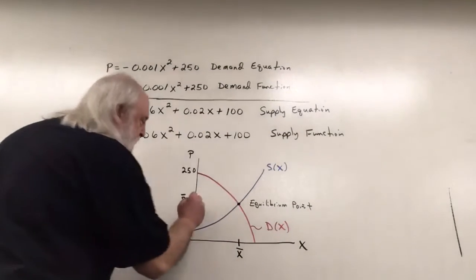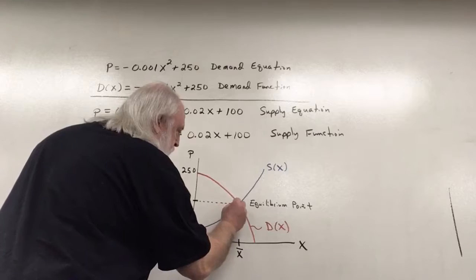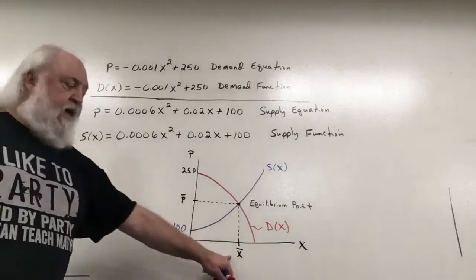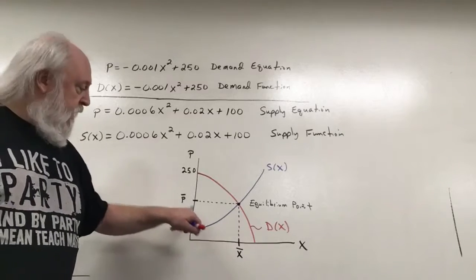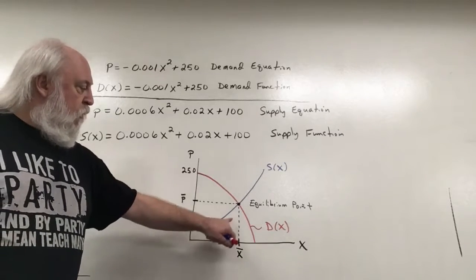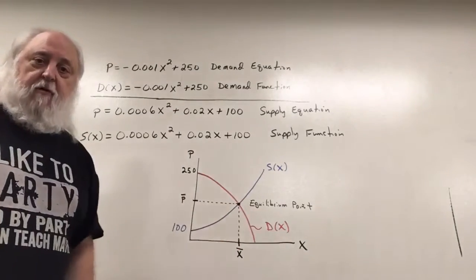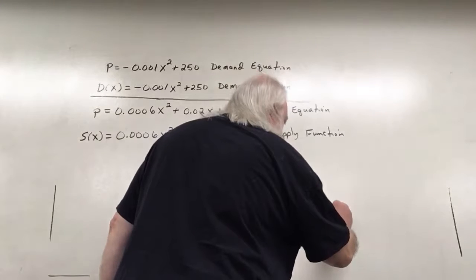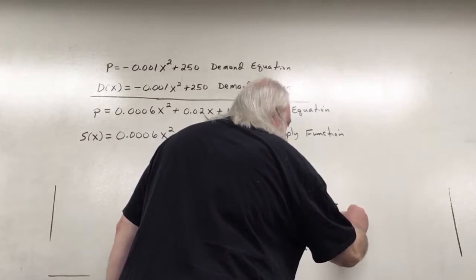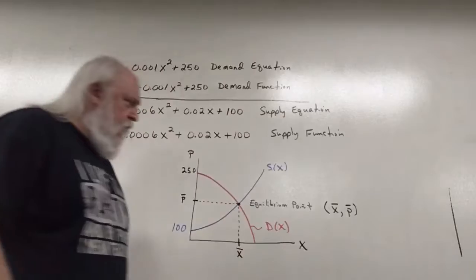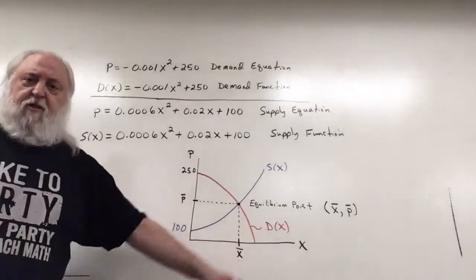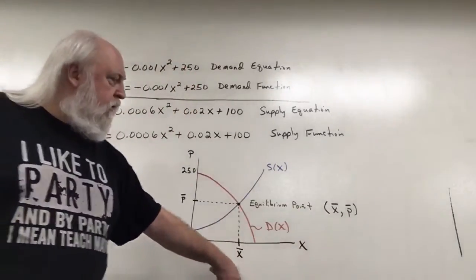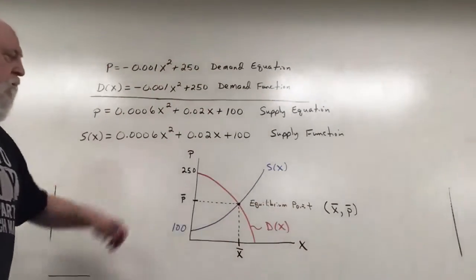In this case, P bar is the equilibrium price, and X bar is the equilibrium quantity. At a price of P bar, quantity demanded exactly equals quantity supplied. And so this equilibrium point has coordinates X bar, P bar. This is actually the first quadrant of the coordinate plane. X bar is the horizontal coordinate, P bar is the vertical coordinate.